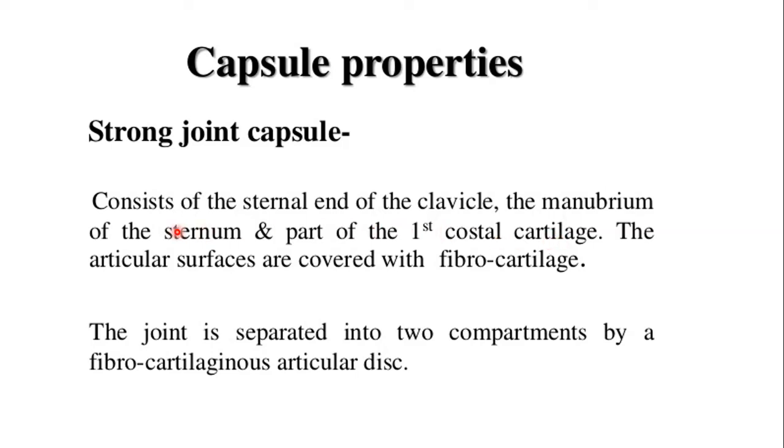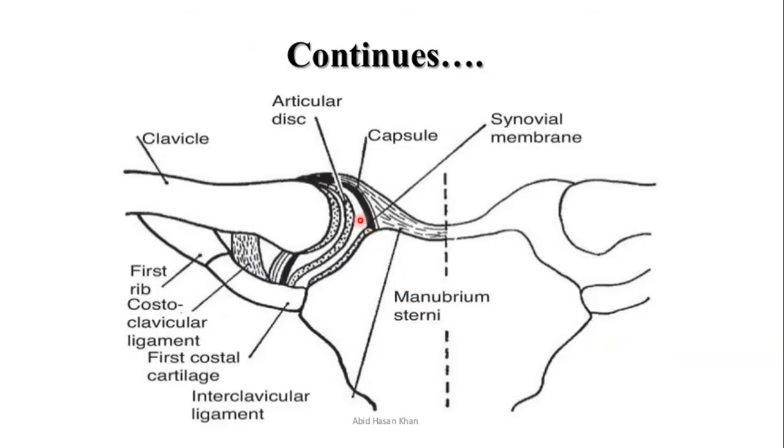So the capsule lines all the margins of three structures: the sternal end of the clavicle, the manubrium sterni, and part of the first costal cartilage. The joint is separated, as I have told you, by a disc. This is the articular disc, and these are the articular surfaces. They are covered by fibrous cartilage.